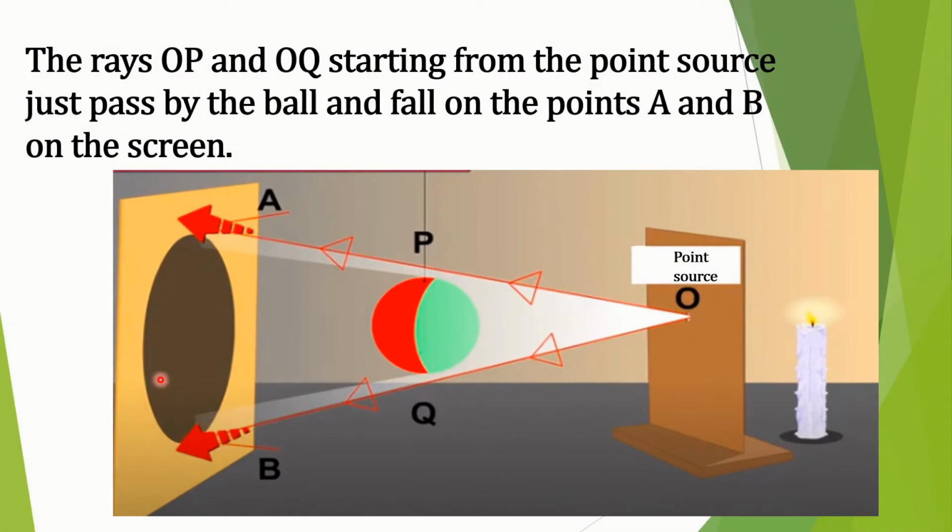Students, the rays OP and OQ starting from the point source just pass by the ball and fall on the points A and B on the screen.